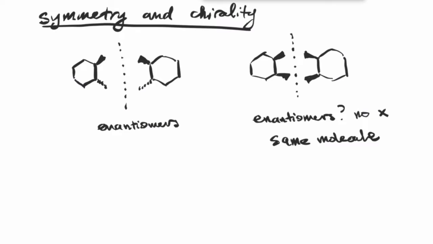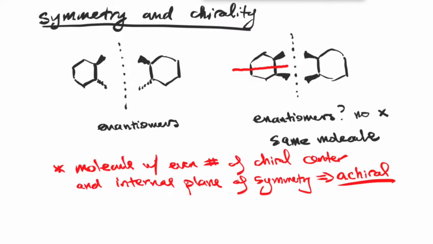And it has to do with something called an internal plane of symmetry. When a molecule has an even number of chiral centers and an internal plane of symmetry, that molecule is achiral. So it is achiral, it is not chiral, so its mirror image therefore is itself. You can only have a mirror image that is an enantiomer if you are indeed chiral, but if you're not chiral, then your mirror image is just yourself.